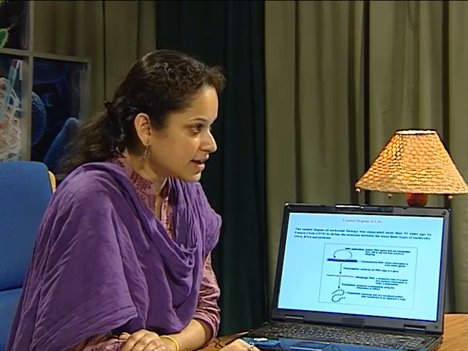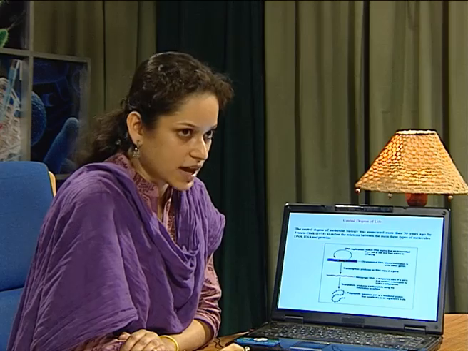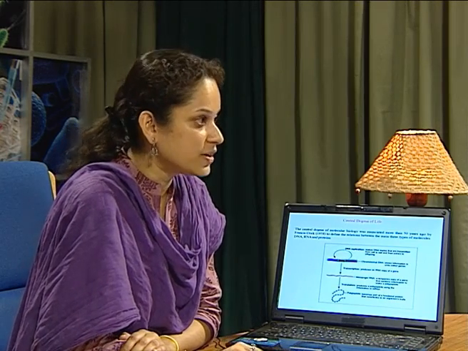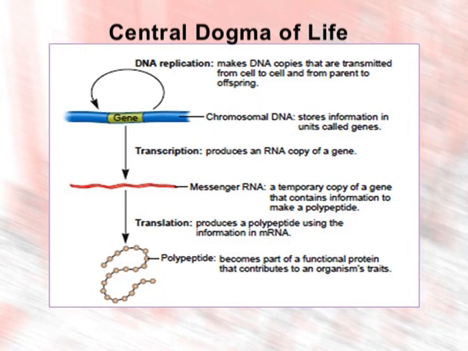The sequence of amino acids present in a polypeptide is governed by the sequence of codons present in the mRNA chain. So this forms the central dogma of life, and we can see here how important the RNA molecule is.